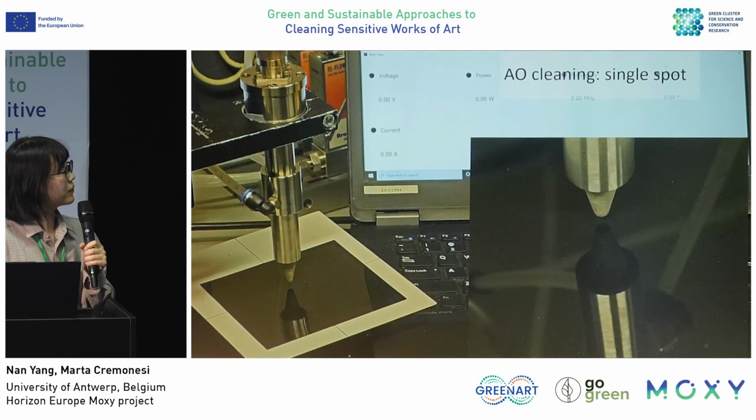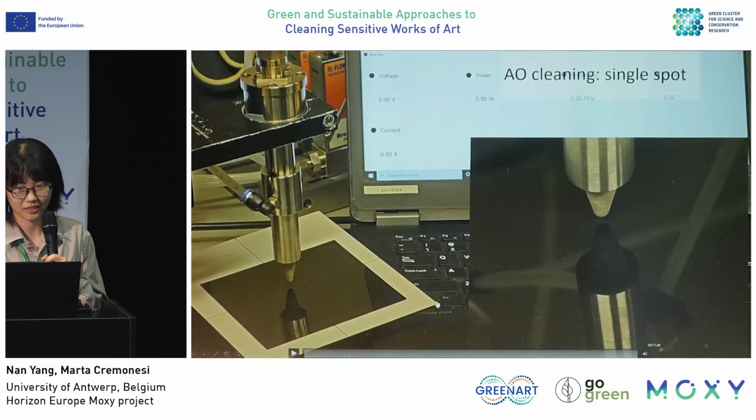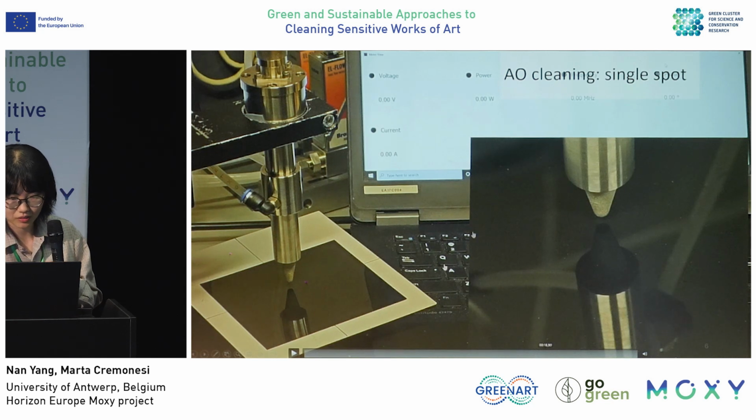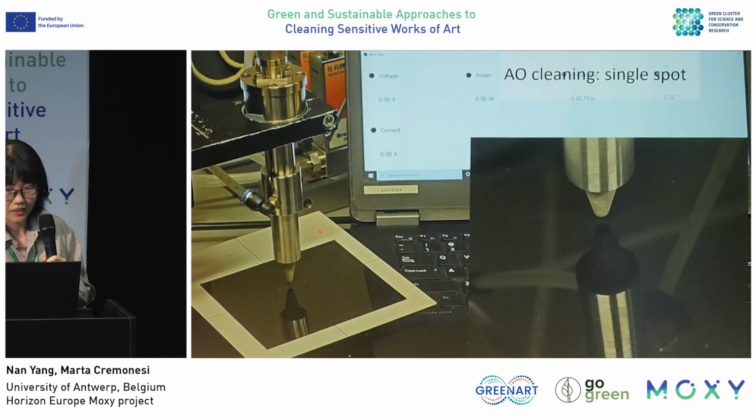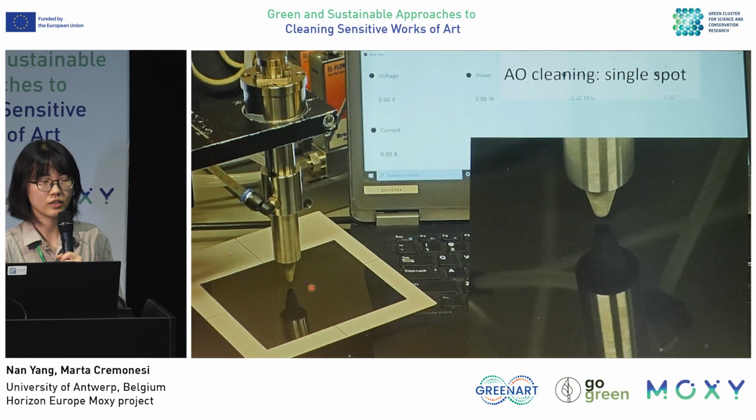So as you see here, this is the real plasma jet. Basically we need to put our sample on the stage, and it's exposed to atomic oxygen at a certain distance.